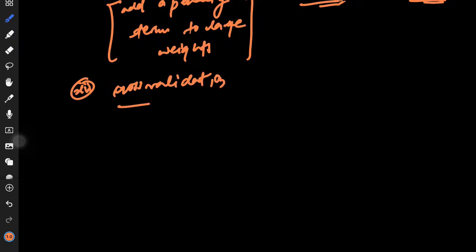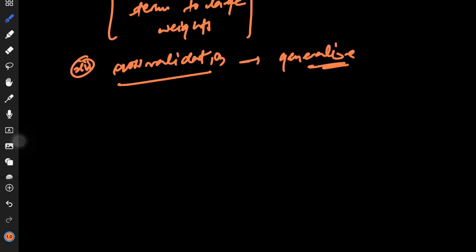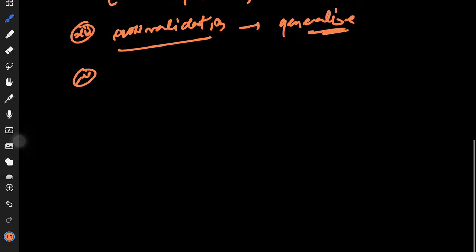The third method is cross validation. Cross validation is basically used to generalize the output of the model. We take averages over various models, and this way we can generalize our model. The fourth one is dropout.